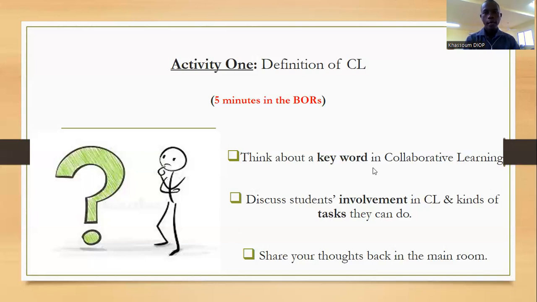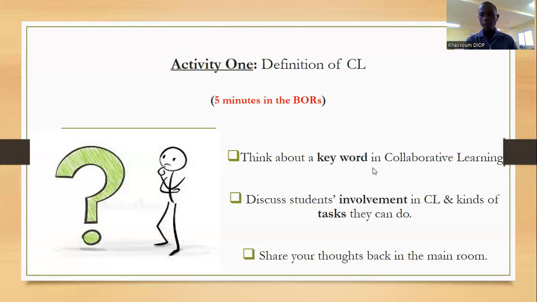All right, now each one of you has an idea about a keyword in collaborative learning. Now I'm going to send you into different rooms where you can discuss the keyword you have found by yourself. I will send you into the breakout rooms for you to share your ideas about the keyword of collaborative learning.